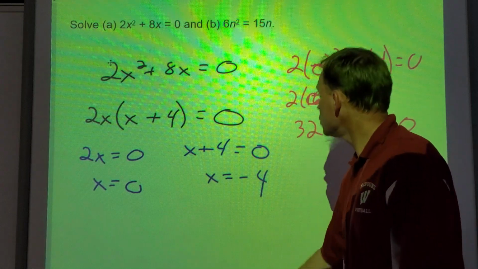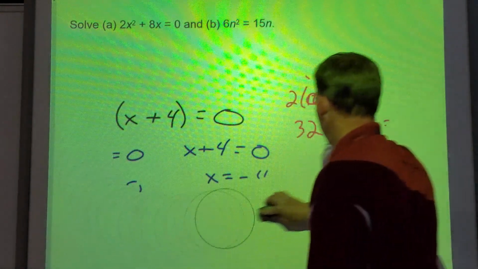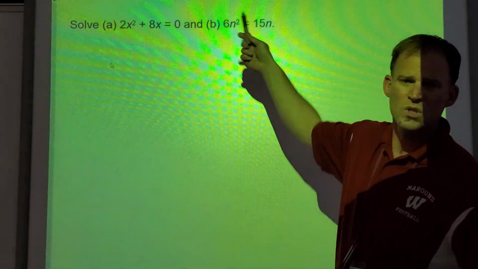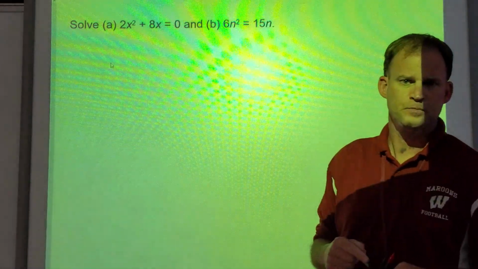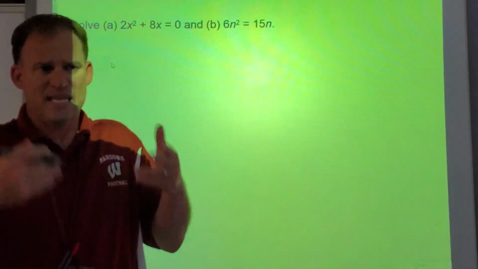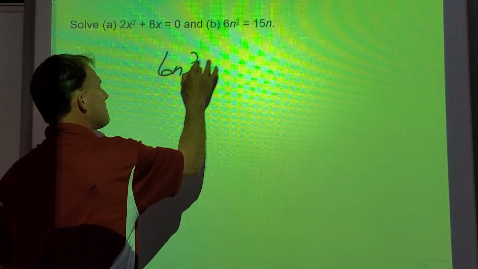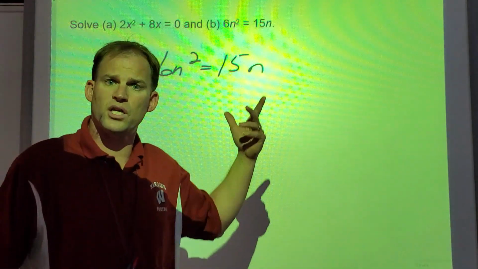All right. Do next. Notice what's different from this and this. Zero product property only works if it's equal to 0. So when I see a problem like this, first thing I have to do is get everything on the same side of the equation.